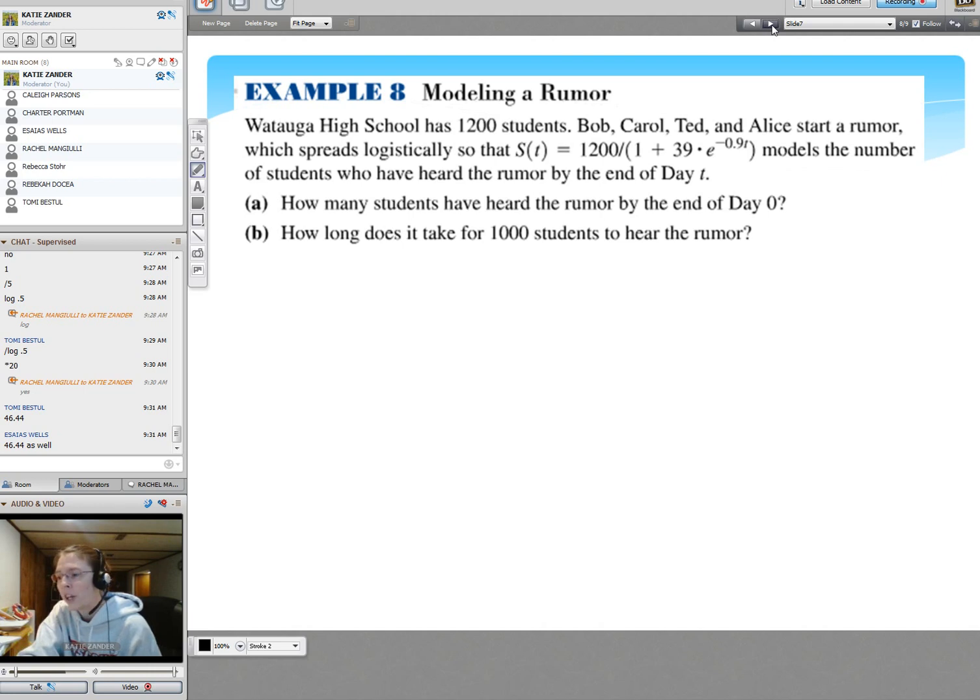Now, the variable that's in the model is representing days. So it's how many students who have heard the rumor by the end of day t. So how many students have heard the rumor by the end of day 0? So before the first day is even over with, how many students have heard the rumor? How are we going to figure that out?